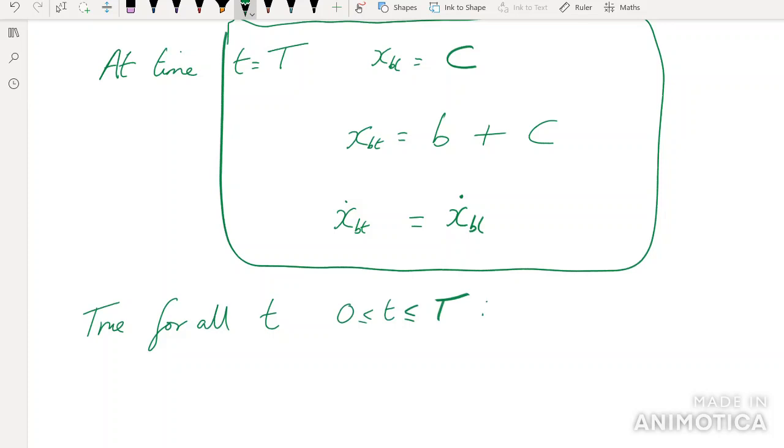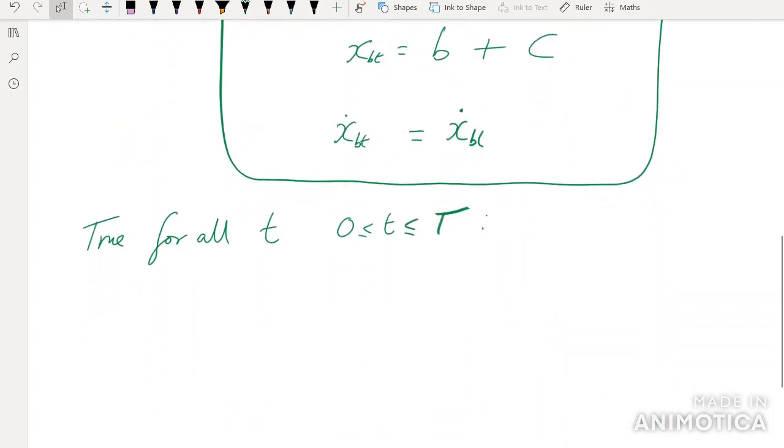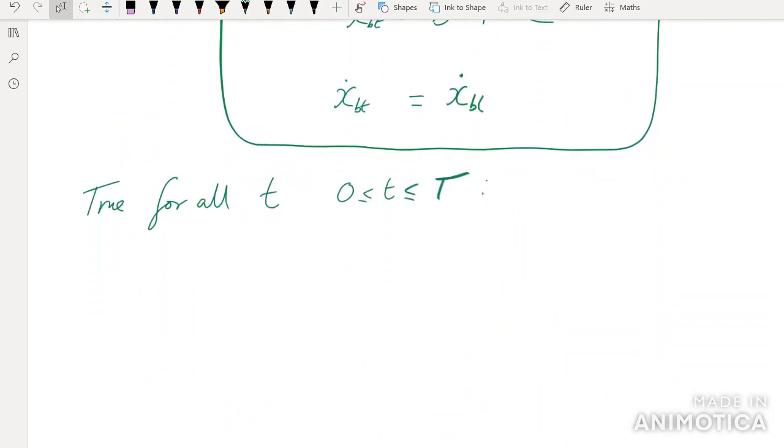Well, what have we got? We've got the forces on the bullet are just backwards r. So what does that tell us? Well, m x bullet double dot is just going to be minus r. Now, why is that minus?